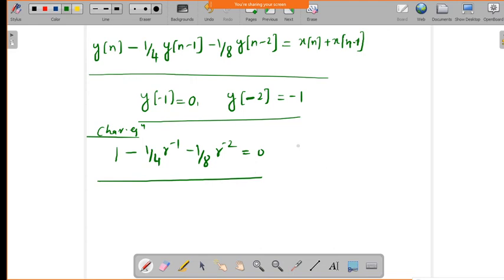Now if you multiply this equation by 8 times r square, you will get 8 r square minus 2 times r minus 1 equal to 0. So this is in the quadratic equation form. You can solve for r now.